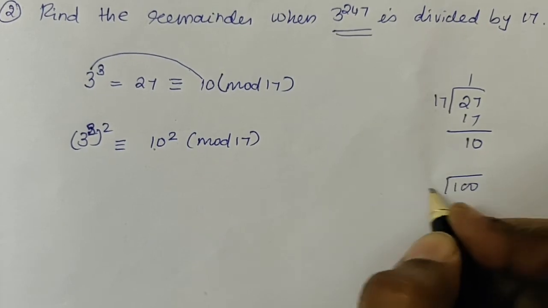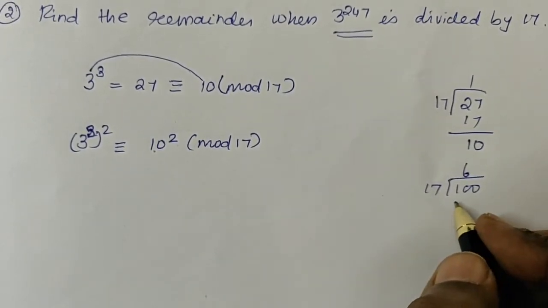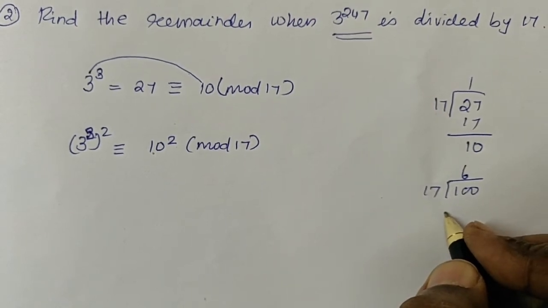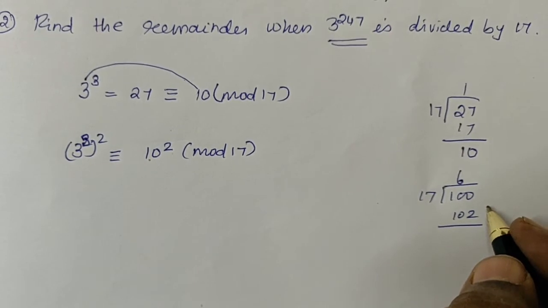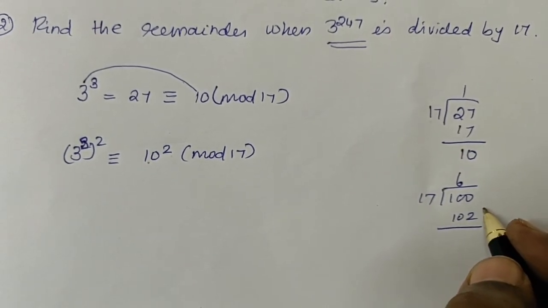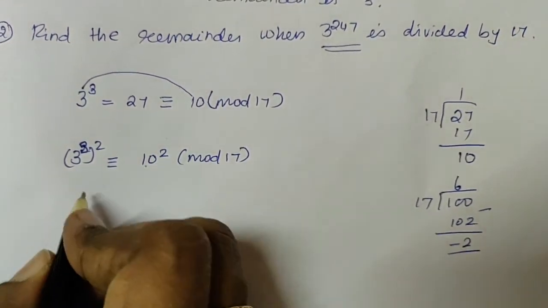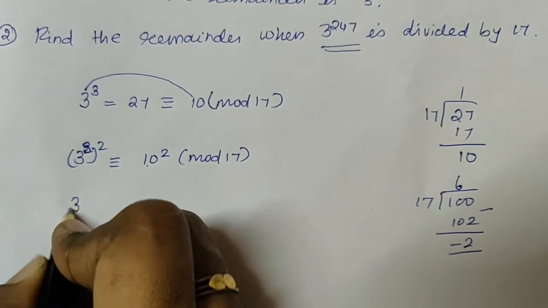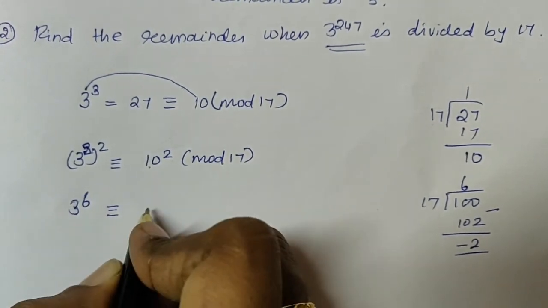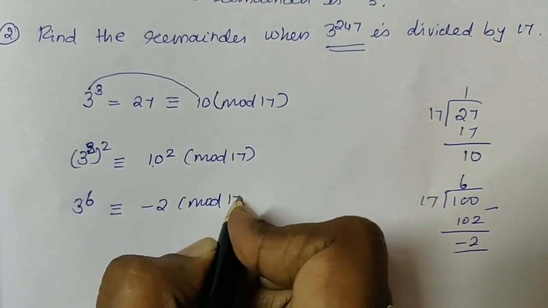So when you divide 100 by 17, 6 17s are 102. When we subtract 102 from 100, you will get minus 2 as a remainder. So this 3 cube squared, that is 3 power 6, is congruent to minus 2 mod 17.